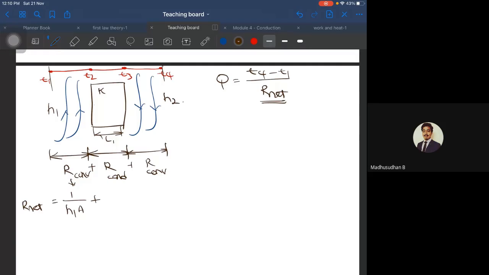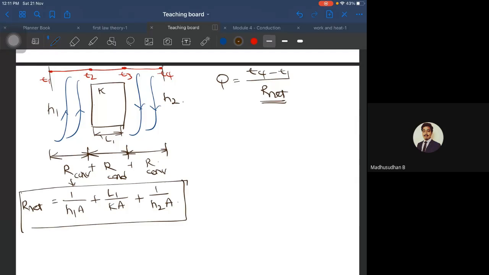Plus the resistance offered due to conduction, L1 divided by K into A, plus the resistance offered due to convection from T2 to T3, 1 divided by H2 into A. So this is my overall resistance which is offered.